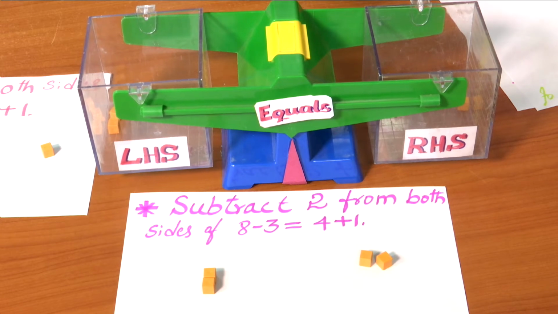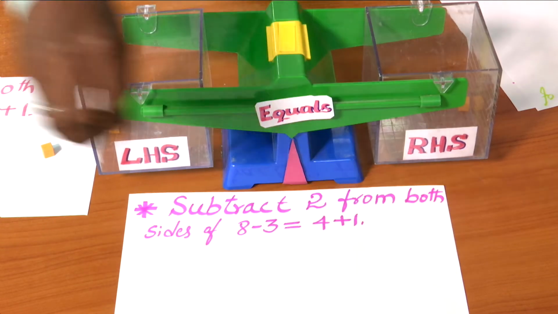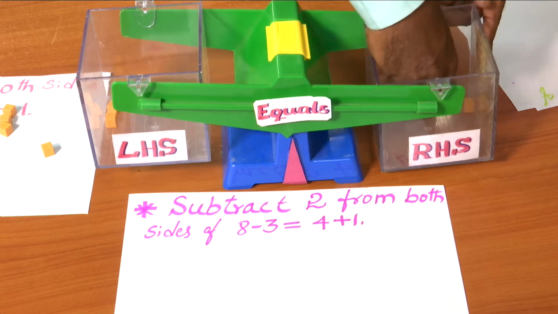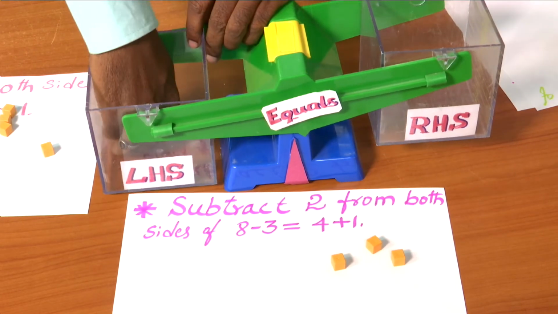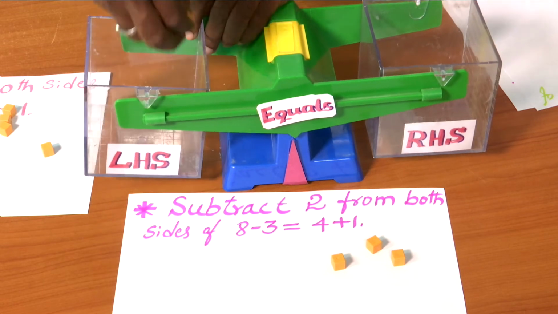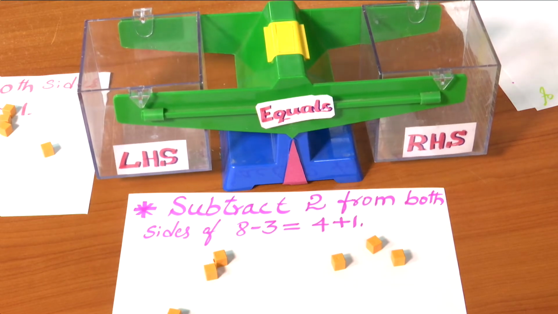Is the balance here? It is balanced. Therefore, what is remaining in the balance? See here, on the right side there are 3. Here also 3. Therefore, it means if you subtract from the equation on both sides, no change.